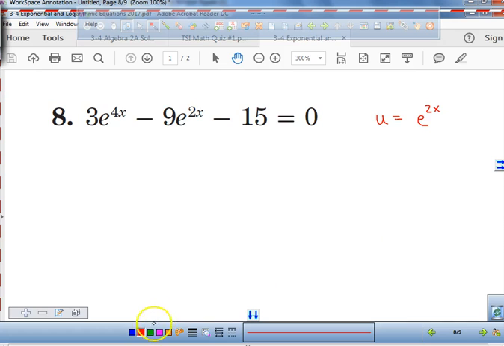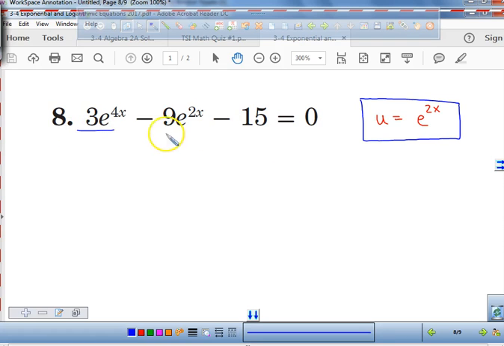Okay? So right now, in problem number 8 in your journal, I want you guys to write u is going to equal e to the power of 2x. We're going to do the substitution process again. Now before we get started, that's a 3, that's a 9, that's a 15. Thank God all those numbers are divisible by 3.